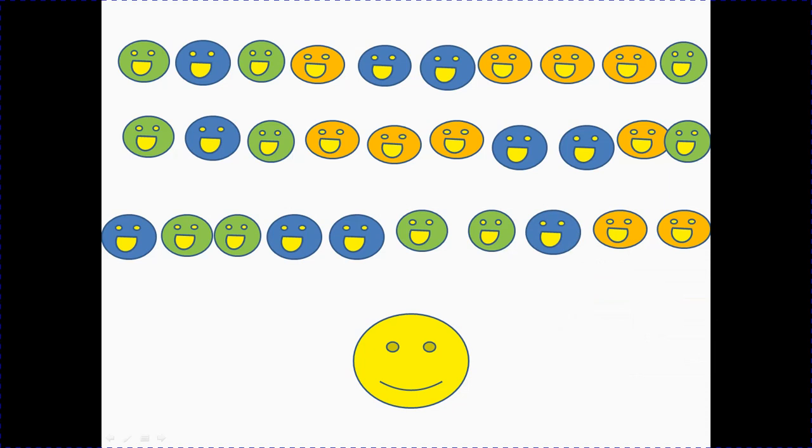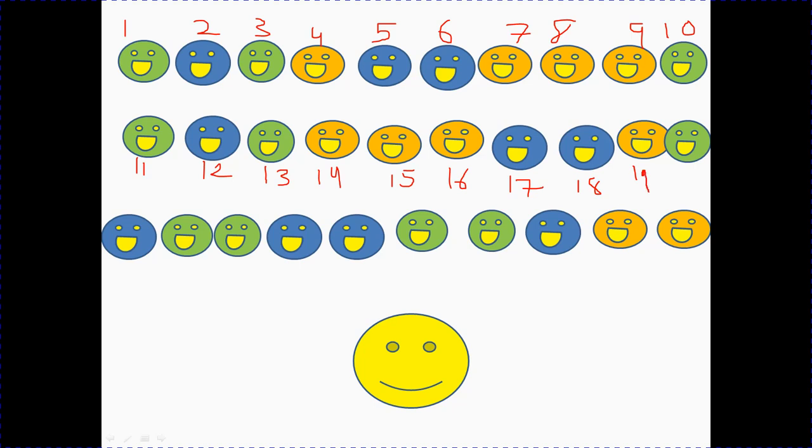Suppose I give this one 1, and this is 2, 3, 4, 5, 6, 7, 8, 9, 10, 11, 12, 13, 14, 15, 16, 17, 18, 19, 20, 21, 22, 23, 24, 25, 26, 27, 28, 29, and 30.